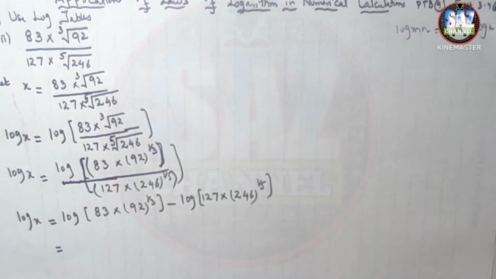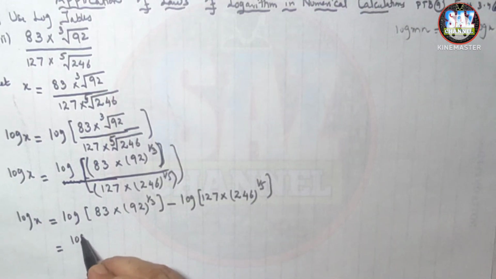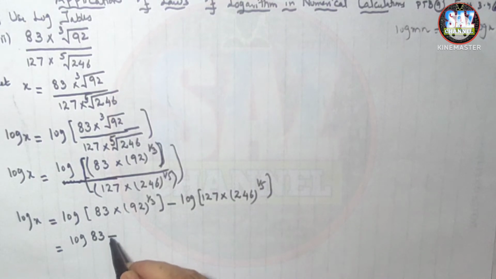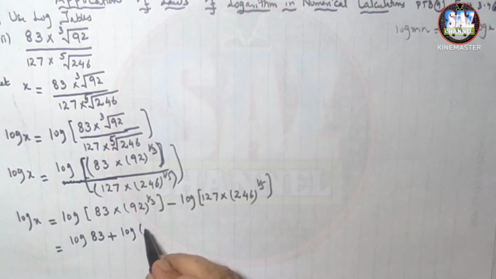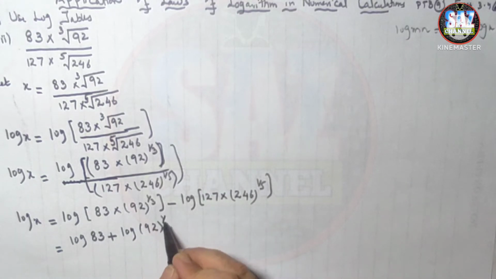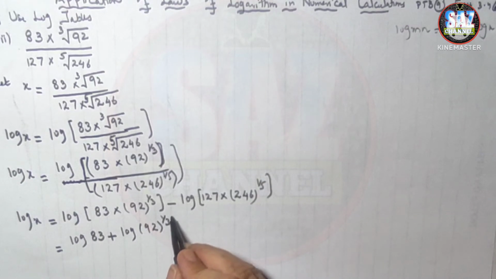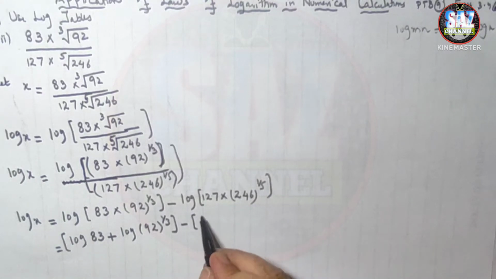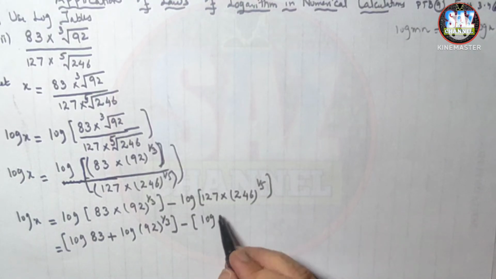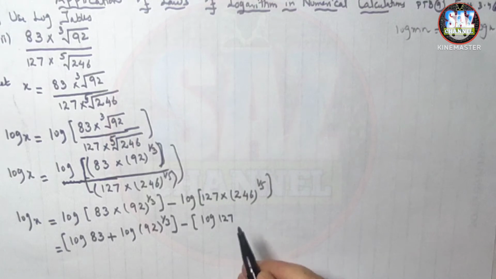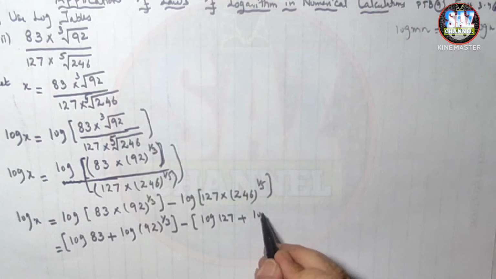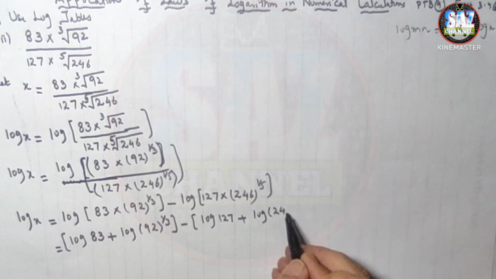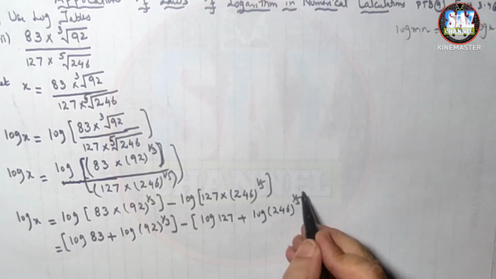So I will be converting this product expression into the sum of individual logs: log 83 plus log 92 raised to the power of 1 by 3, minus, let me keep the bracket, log 127 plus log 246 raised to the power of 1 by 5.